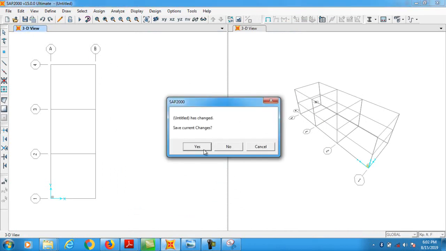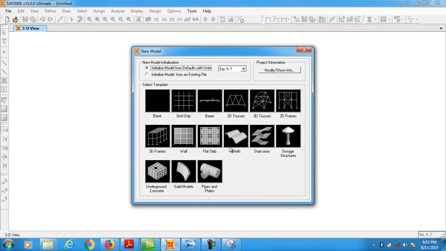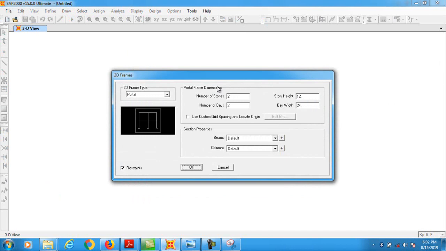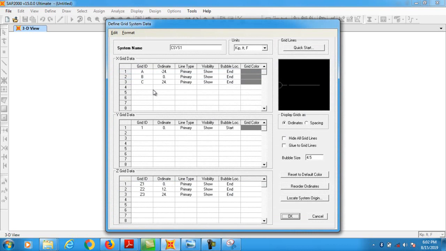If you are selecting this 2D frame template, here the number of stories is 1, the story height you can put any value, or you can leave this value. The number of bays is 1 and bay width is 20 feet. Now you need to use this option because your story height is different. Edit grid, and there you can adjust your spacing.